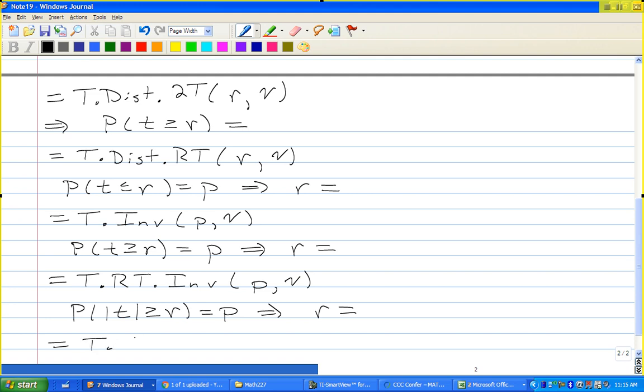Oh, t inverse two-tailed, p, degrees of freedom.